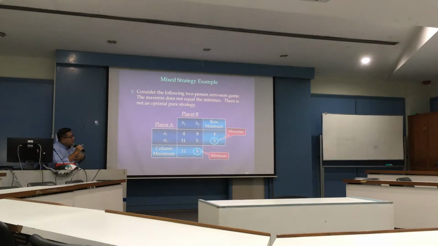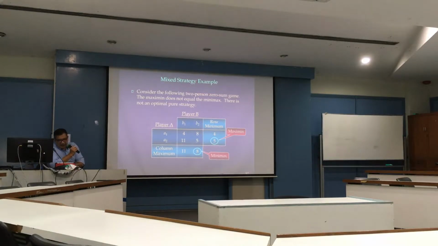In finding the mixed strategy, we try to find the probability that a company or player is going to select each strategy. So in this case, we develop it using the concept of expected value. The probabilities we use are P and 1 minus P for one side, and for the other side we assume Q and 1 minus Q, let's say.